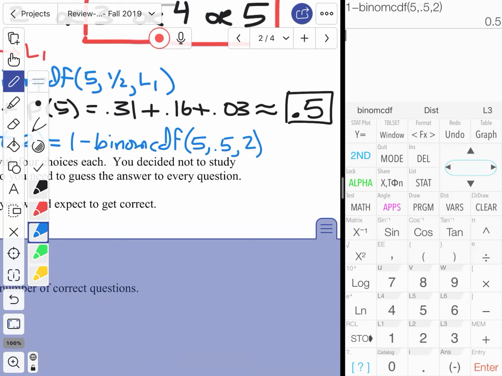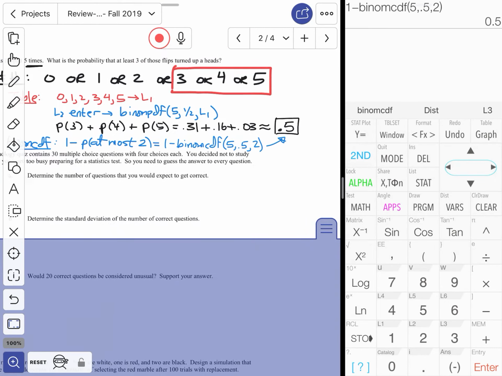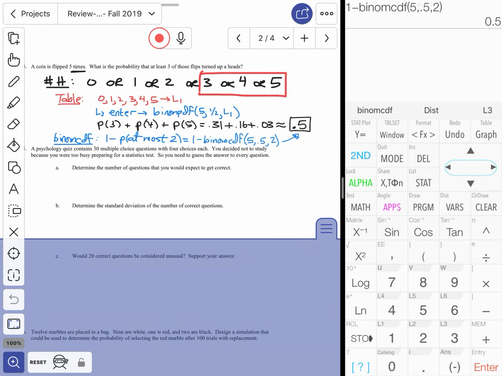Hit enter, gives you the same value. So at a minimum, you have 2 different ways to do it, both giving you the same answer. At most, you have a technique that you can use to check your work and make sure that you're doing it right. All right, so pretty solid stuff. Either way is fine by me. Just pick the method that you're most comfortable with and go with it.